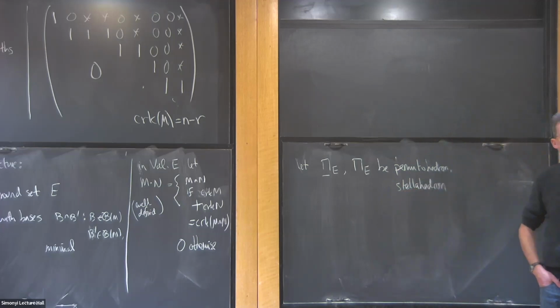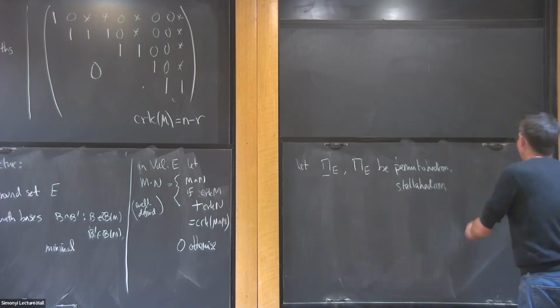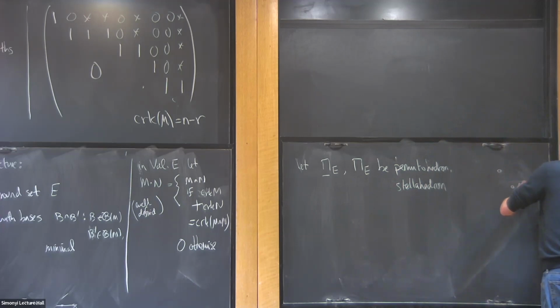Let's take the permutohedron and its friend, the stellahedron. I'm going to assume you've seen the permutohedron, which is the convex hull of all the permutations of an n-tuple of distinct numbers.